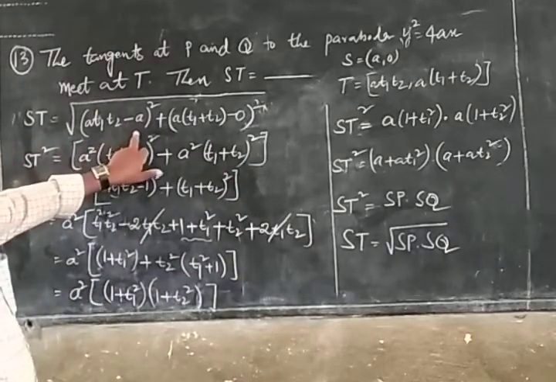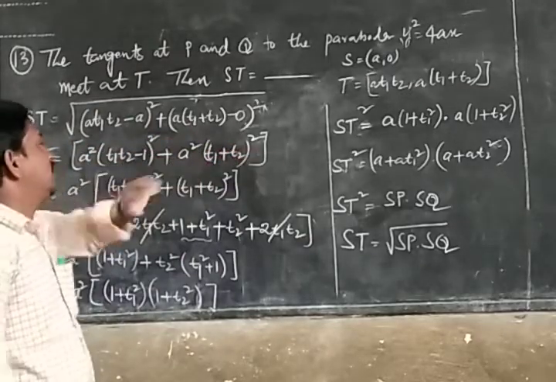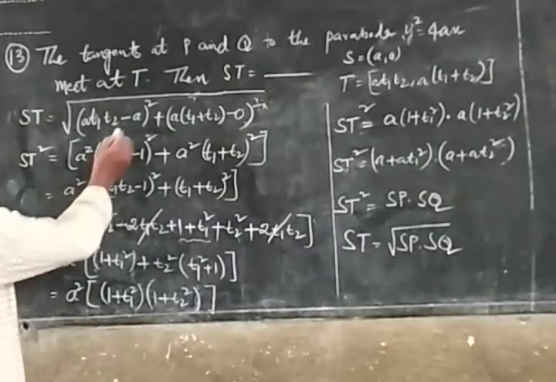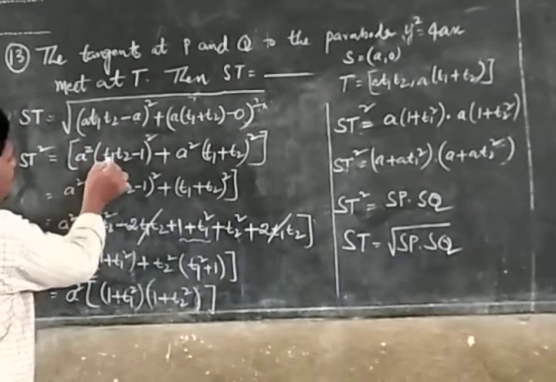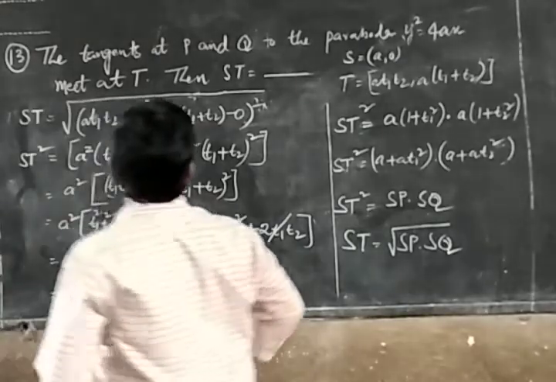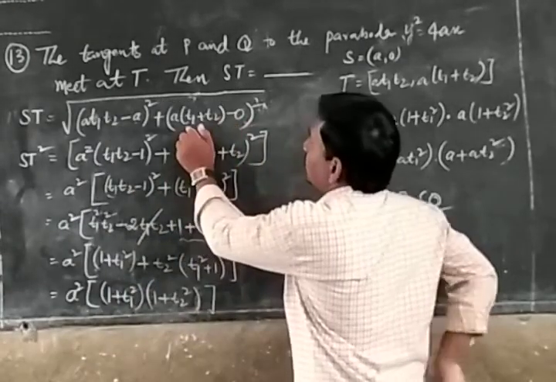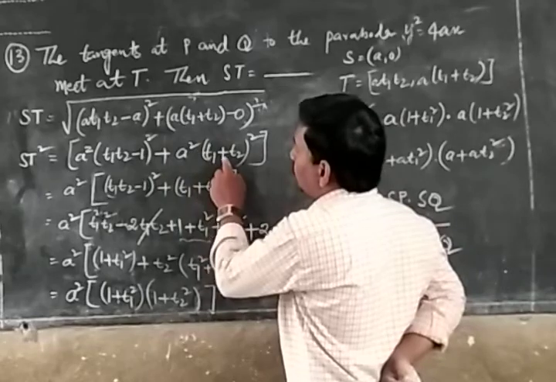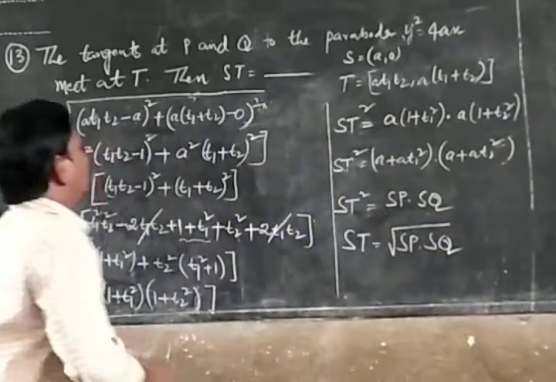x2 minus x1 whole square plus y2 minus y1 whole square. Now after the simplification, a square (t1 t2 minus 1) whole square plus a square (t1 plus t2) whole square.